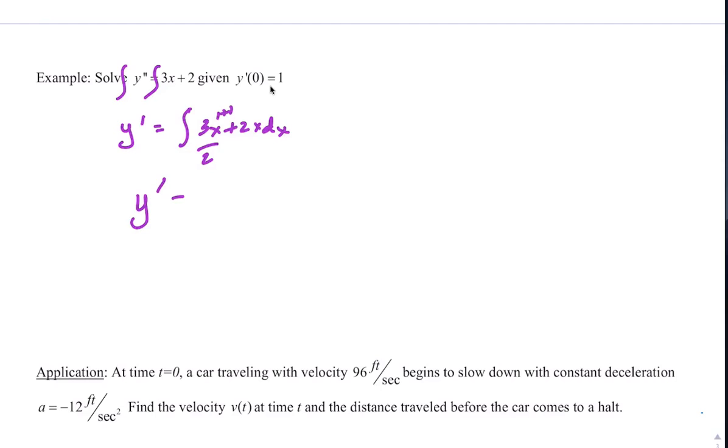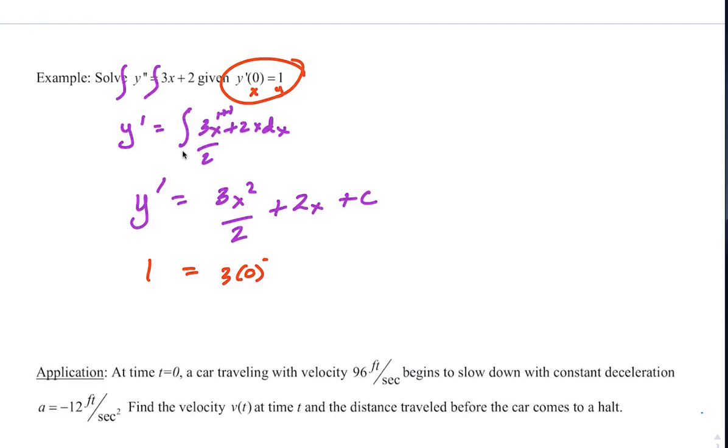So my y prime equals 3x squared over 2 plus 2x plus c. Now, to find my c, use the initial condition. When I sub in 0 for x, my y prime should be 1 in this case. I get 1 equals c.